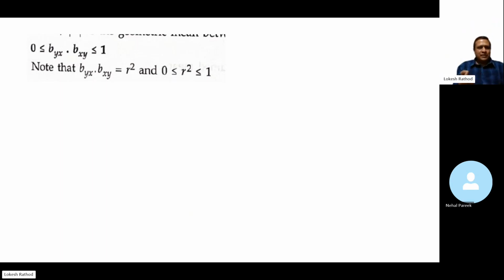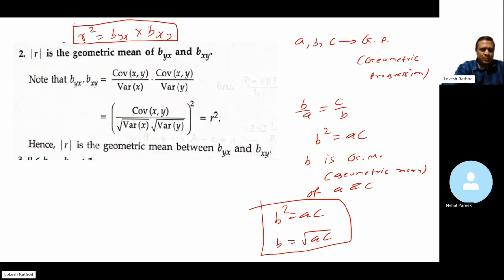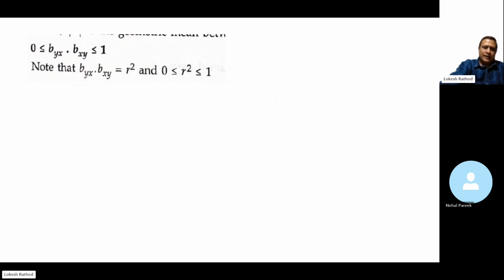bYX times bXY always lies between 0 and 1. Because we know bYX and bXY will have the same sign. Either both are positive or both are negative, right? Because both have numerator covariance of X and Y, and the denominator is positive only. And that multiplication is R square.